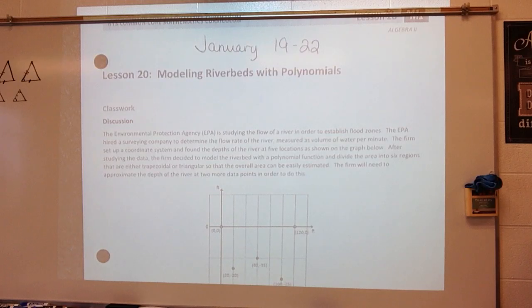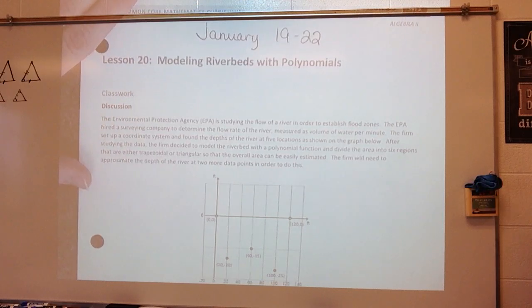After studying the data, the firm decided to model the riverbed with a polynomial function and divide the area into 6 regions that are either trapezoidal or triangular so that the overall area can be easily estimated. The firm will need to approximate the depth of the river at 2 more data points in order to do this.